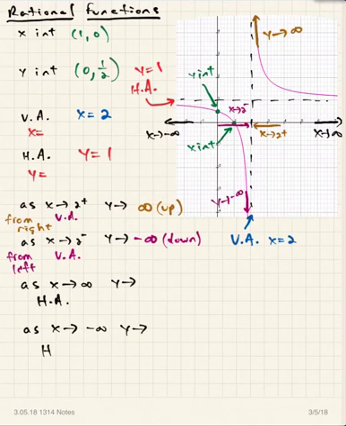The graph is getting close to the horizontal asymptote as you go off to the right and as you go off to the left. So for a rational function, the answer is always the horizontal asymptote. Here, it's y equals 1. For those questions at the end, the graph is always approaching the horizontal asymptote.